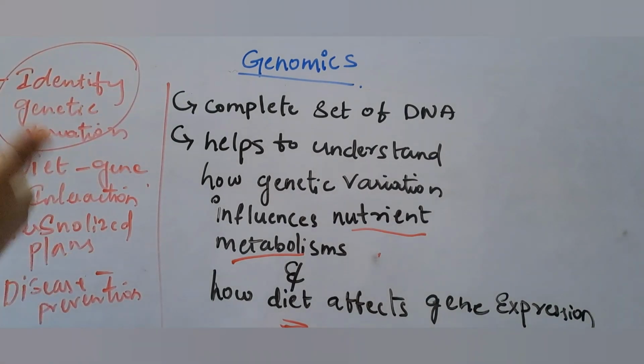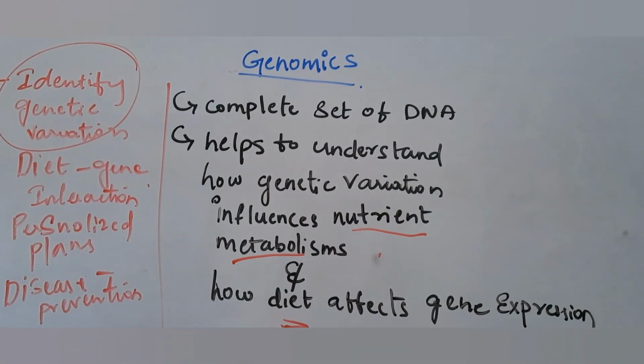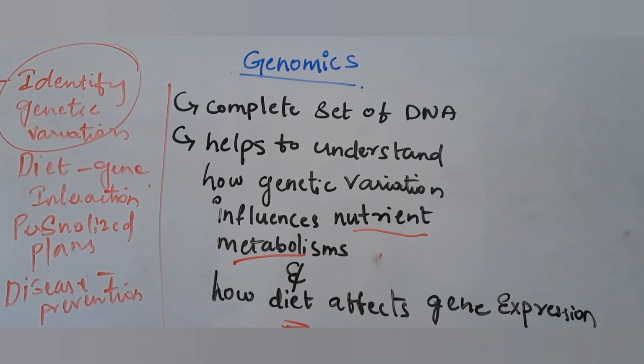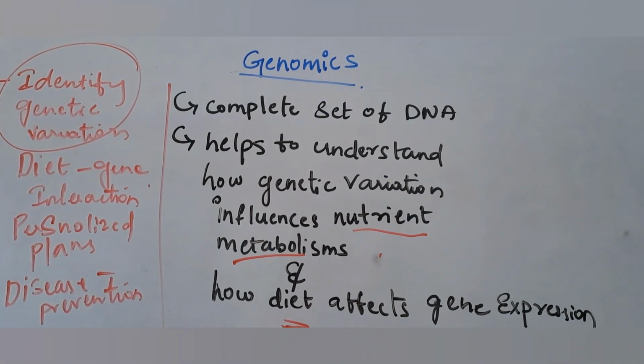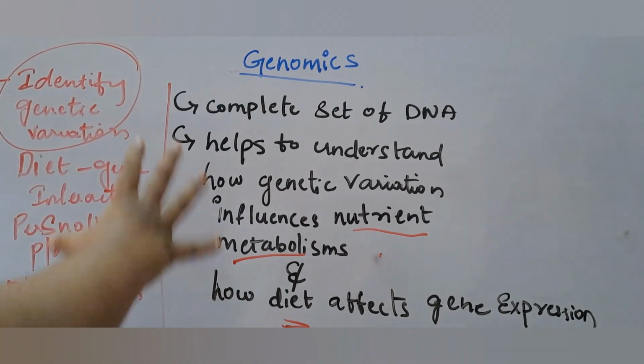Everything is similar to proteomics. And now we are going to discuss applications of genetic variations, and there are also some techniques used in genomics, which are also used in nutrigenomics, but we are not going to discuss genomics in depth.